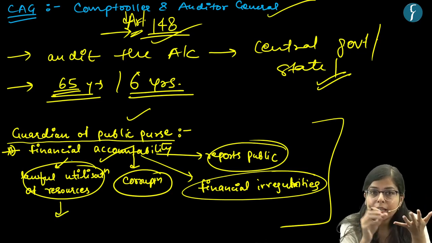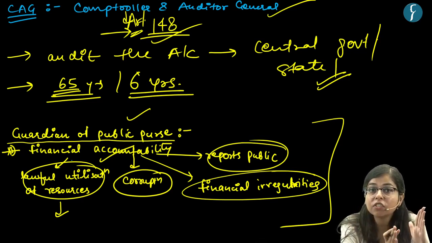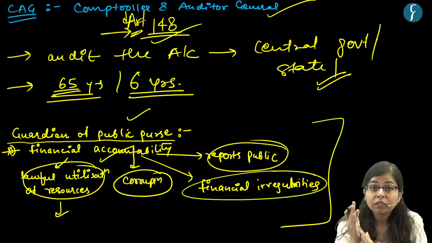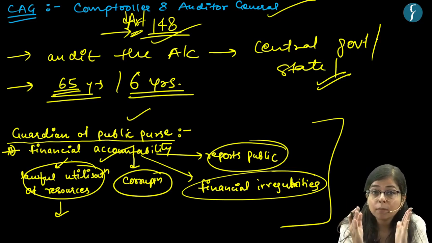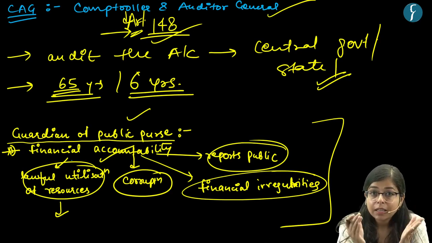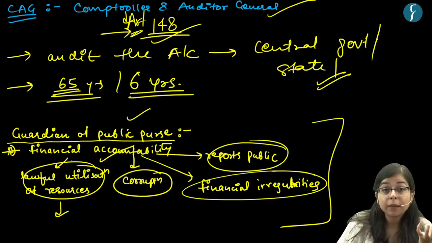That is, the expenditure which the government shows, that this is the expenditure which we are going to incur: is that expenditure in line with parliamentary laws? Is that expenditure in line with the laws formulated in the Constitution, right? That is, the expenditure being incurred by the central, state governments or government departments, is that expenditure lawful?